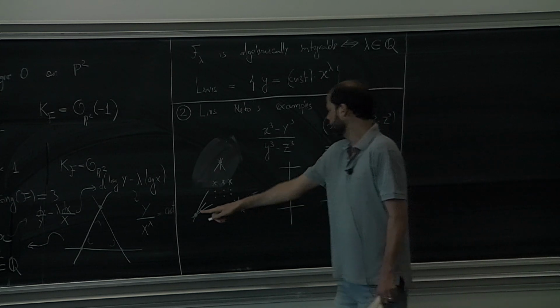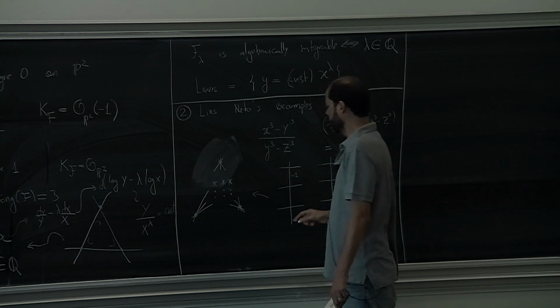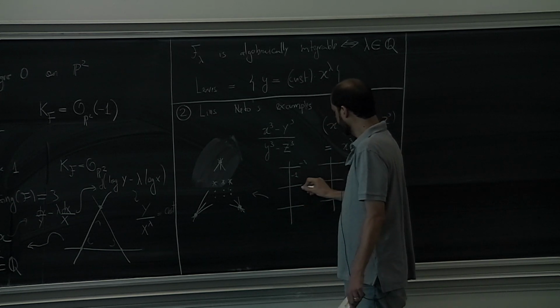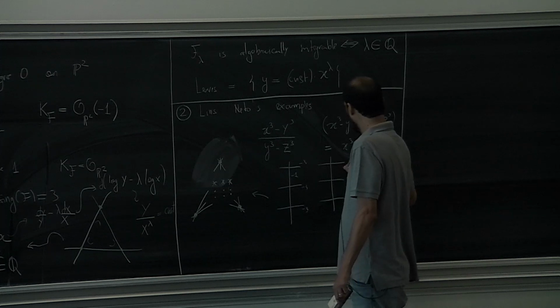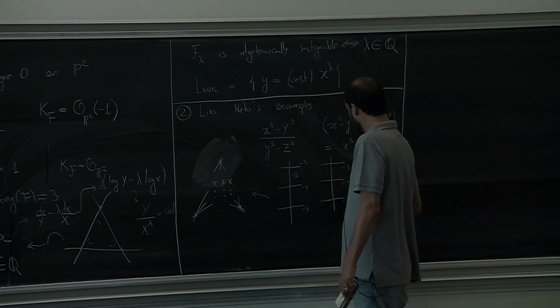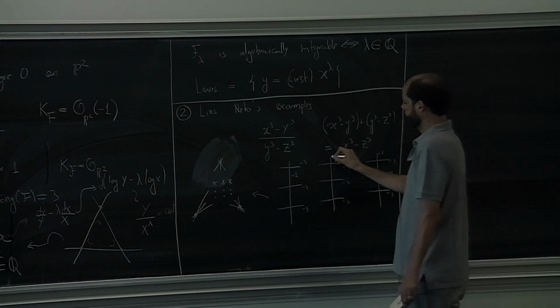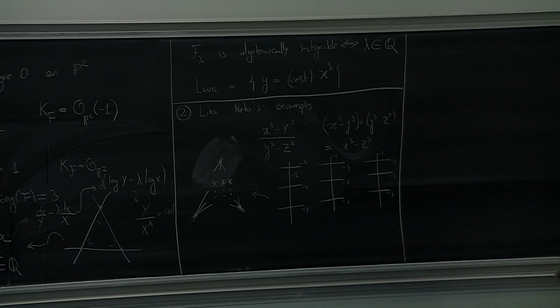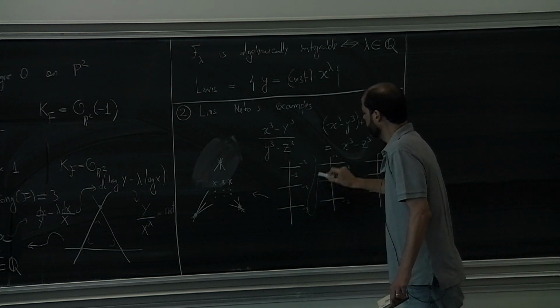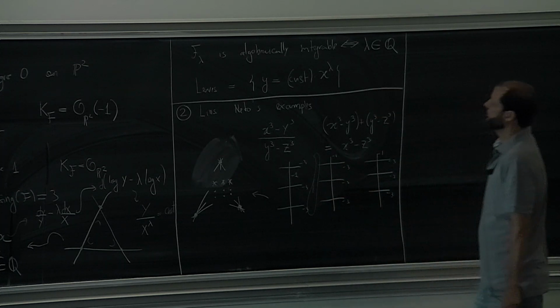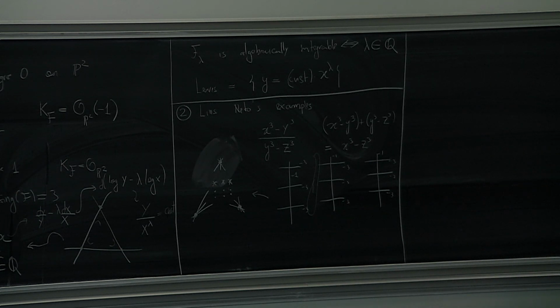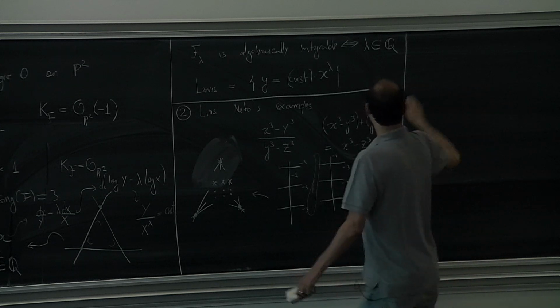And so these guys will be -1 curves, and these will be -3 curves. Okay? And here the general element, the general leaf, will be a Fermat cubic.